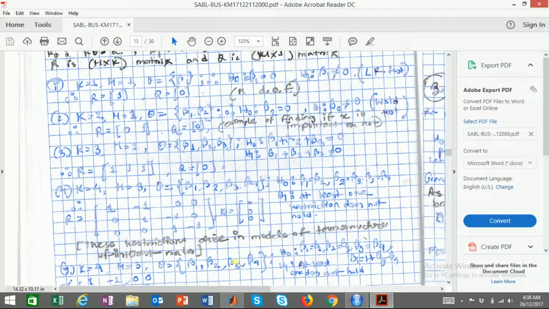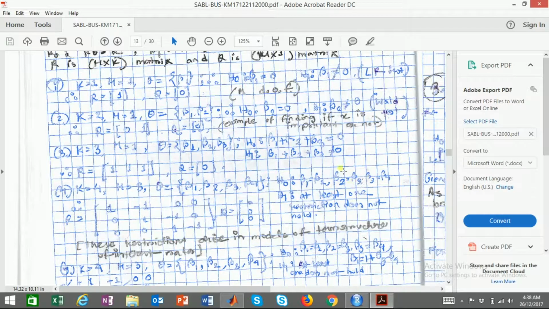What will be R? Interestingly, beta 1 minus beta 2 equals 0, so beta 1 minus beta 2 gives 1, minus 1, and the others we put 0 because we're not interested in them for the first hypothesis. And Q is 0 for that first equation.